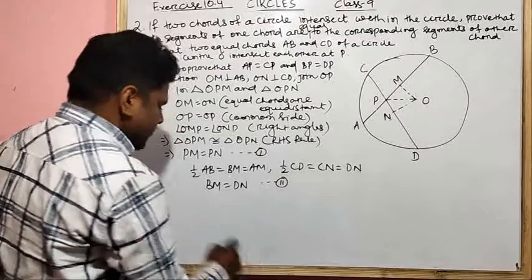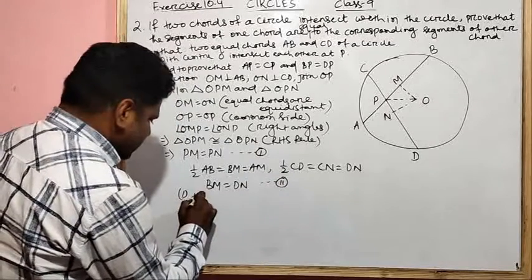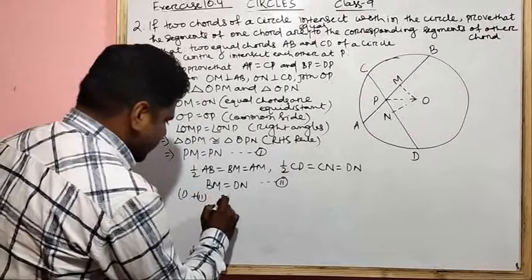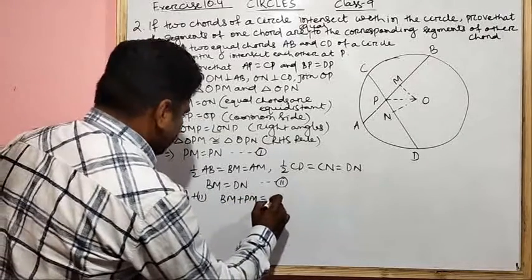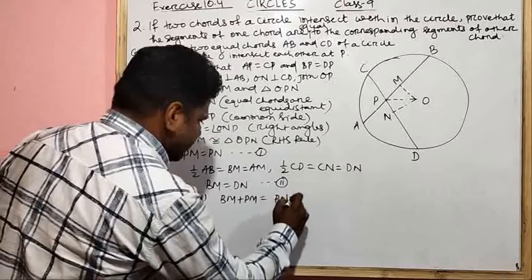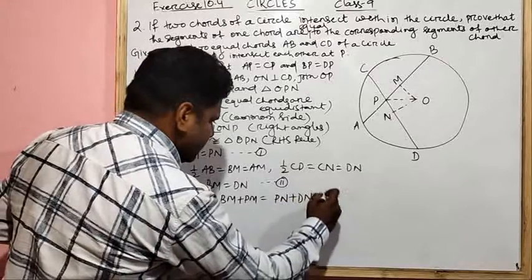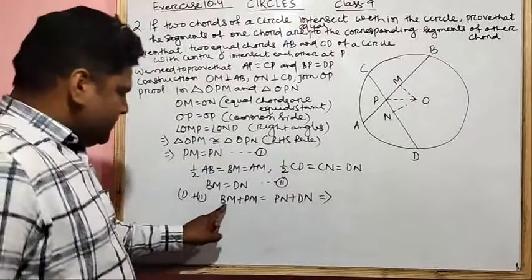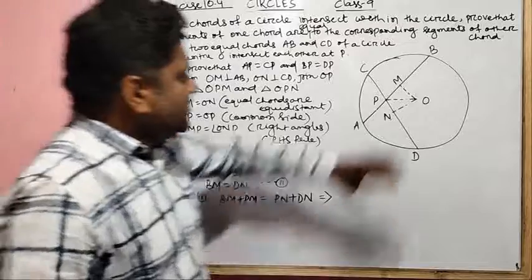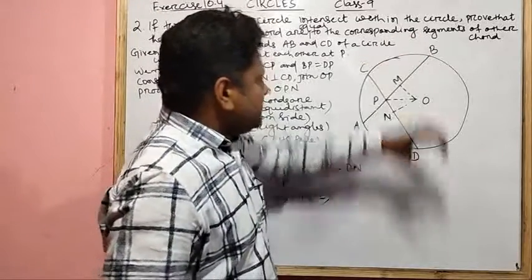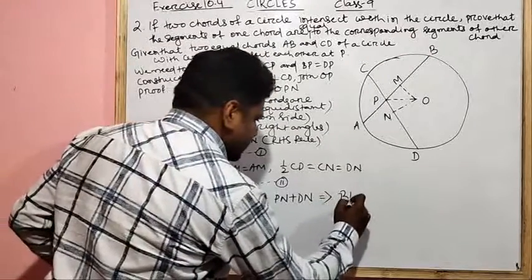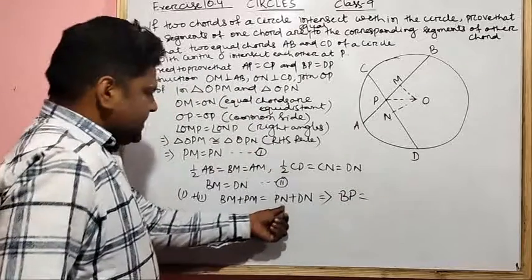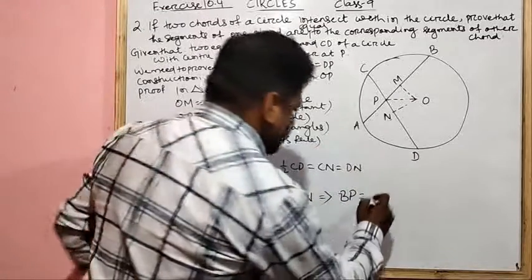Adding equation 1 and 2, we can get BM plus PM is equal to PN plus DN. In this way also we can write BM plus PM is equal to BP, and PN plus DN equal to DP.